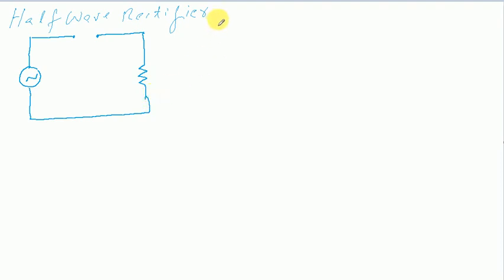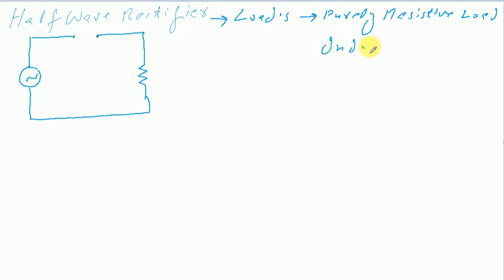The discussion that we'll be having on this half-wave rectifier circuit will have different subcategories, that is, different types of loads: whether we are considering a purely resistive load, then a next category in which we will have a practical, that is industrial, inductive load.